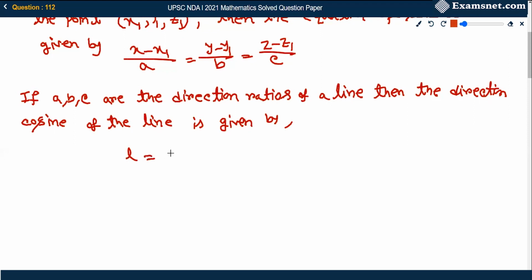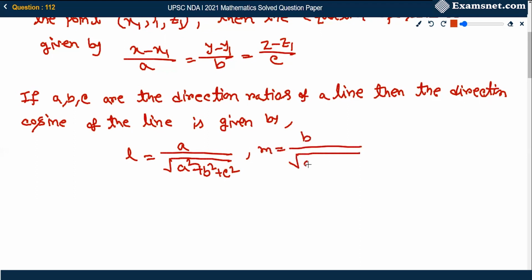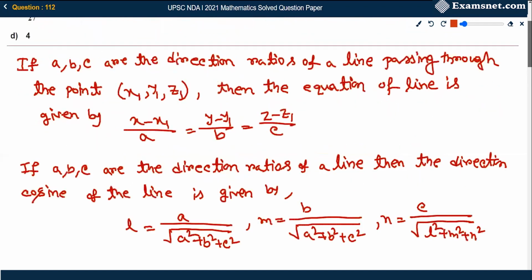So L is A by root under A square plus B square plus C square. Okay, M equals B by root under A square plus B square plus C square, and N equals C by root under A square plus B square plus C square.